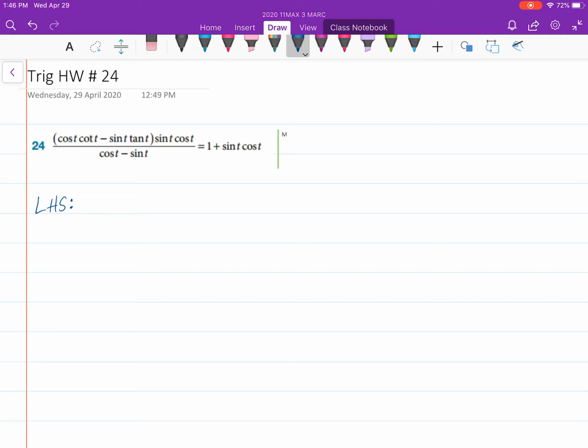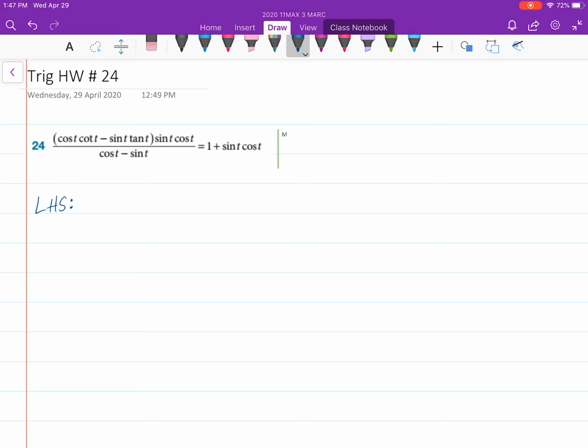And the only thing that I can do is either distribute and remove my brackets, or possibly replace that cotangent and that tangent with my reciprocal or ratio identities. I think at this point in time, it doesn't really matter which direction you go, it just matters that you start. I'm going to distribute.